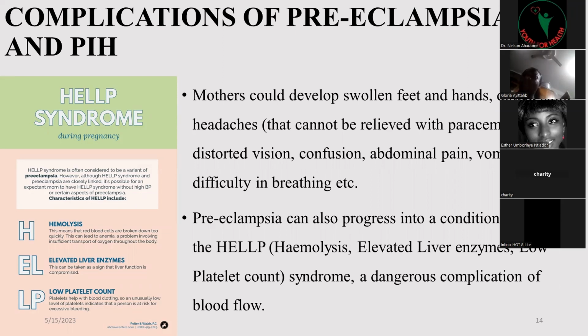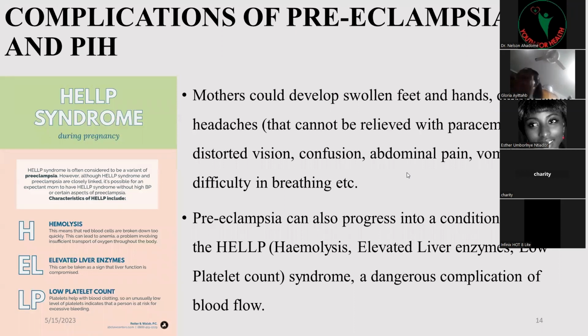So when there is a low platelet count, that means the person is at risk of excessive bleeding. So preeclampsia can progress into this HELLP syndrome. So it's better to prevent preeclampsia when you notice it at the early stages.